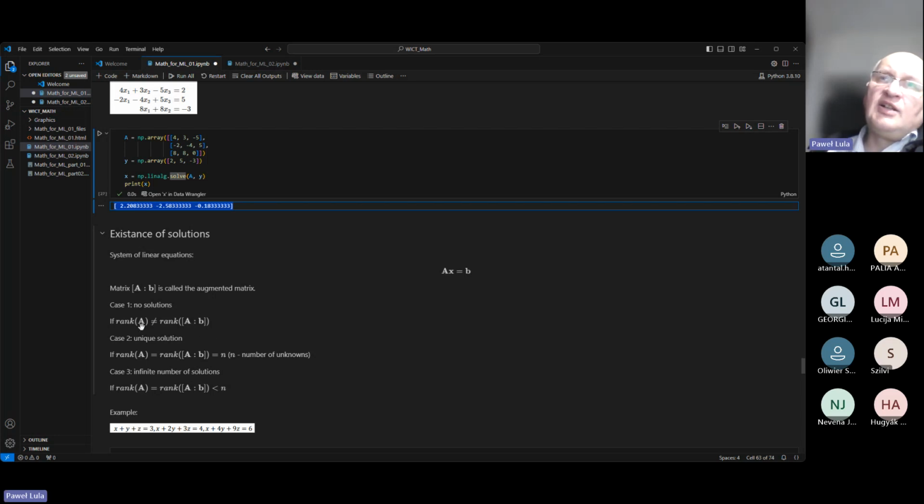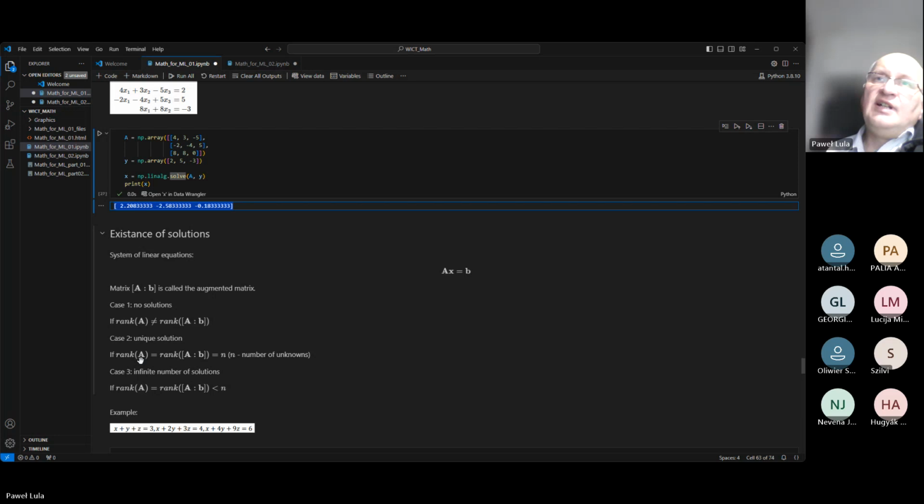If the rank of matrix A is not equal to the rank of the matrix in which we have A and vector B, this augmented matrix, then there is no solution. So when these ranks are not equal to each other, there is no solution.